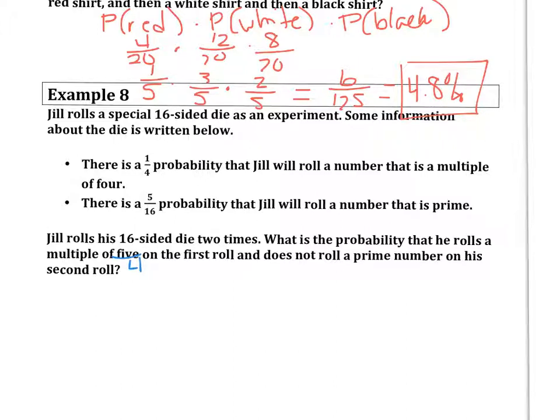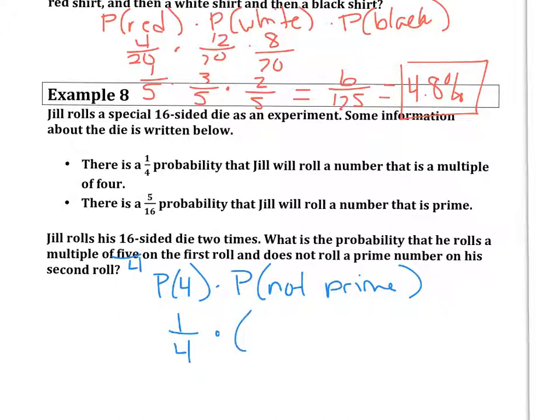So the probability of getting a multiple of 4 is 1/4. And in the second one, it's the probability of not prime. The probability of getting a prime was 5/16, but the probability of not getting a prime would be 1 minus 5/16, which would be 11/16.